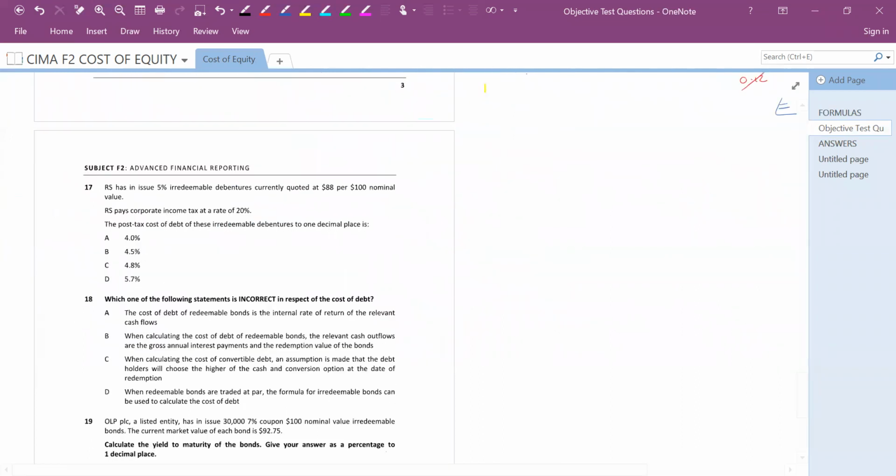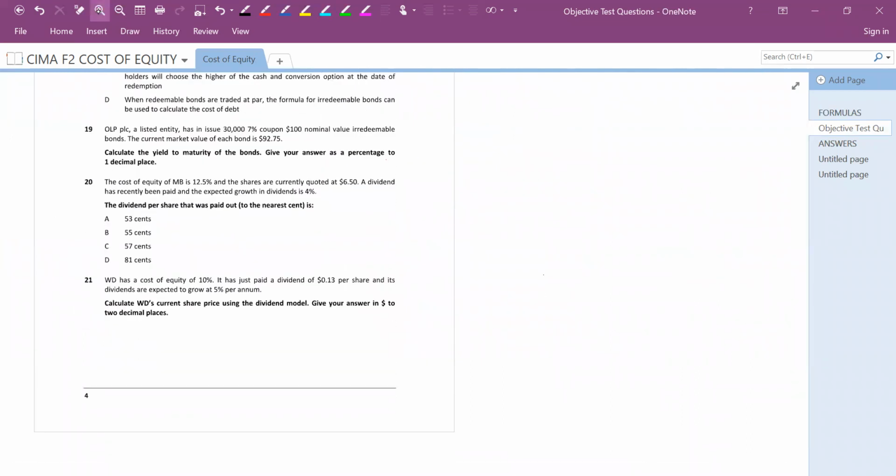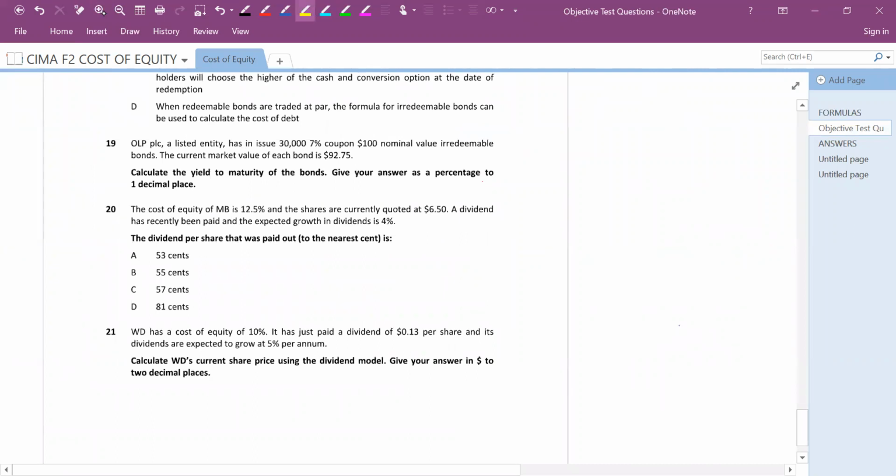Right, let us do one more question. Question 20. The question asks for the dividend per share that was paid out to the nearest cent. We're told that the cost of equity is 12.5%. The shares are currently quoted at 6.50 and a dividend has recently been paid, which means this share price must be the ex-dividend share price, P0 if you like.